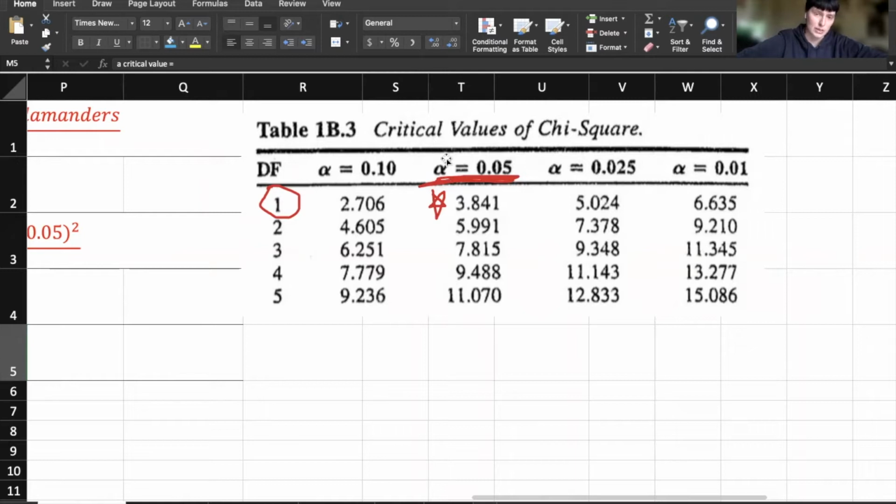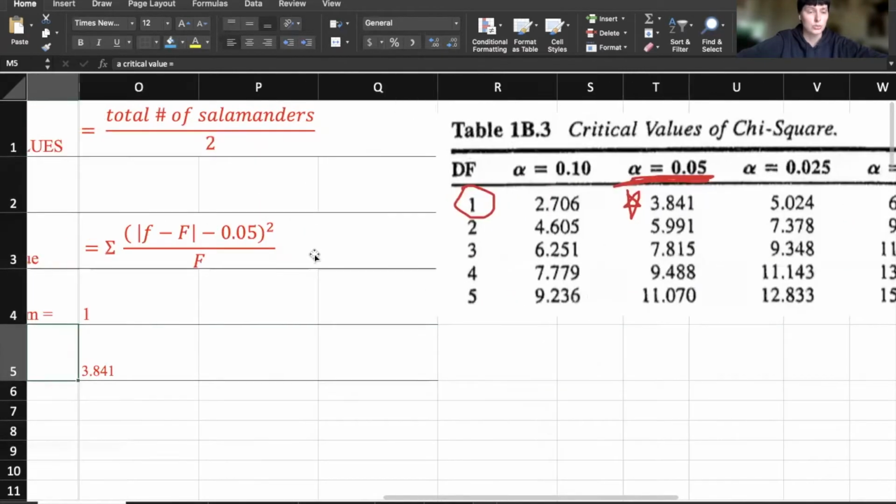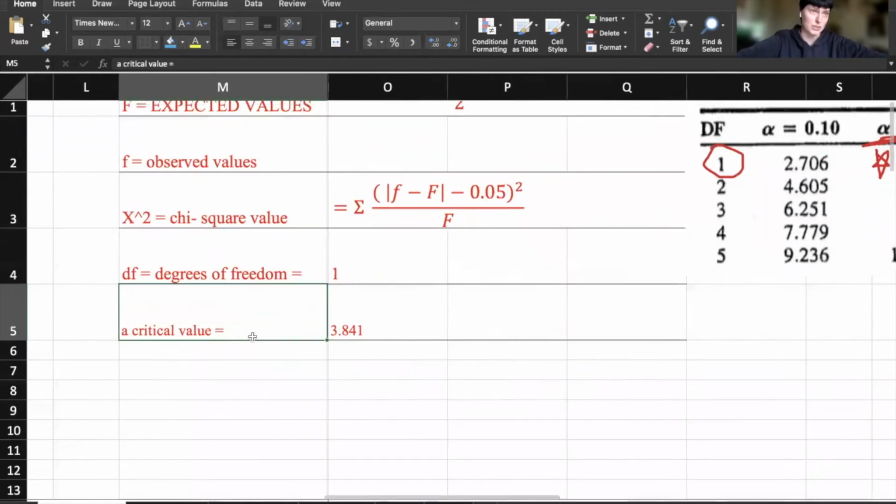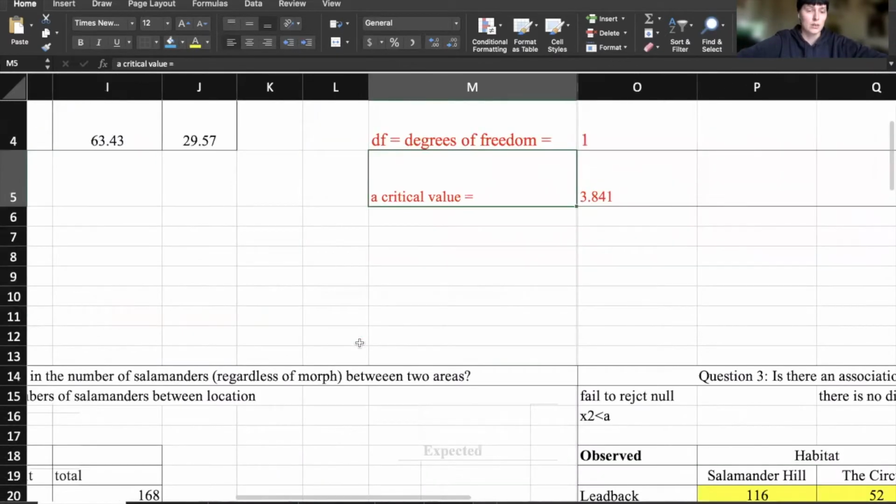We use this alpha critical value for everything in this class. With degrees of freedom of 1, we get our critical value of 3.841, and that's what we're going to be using to compare your chi-square values to determine if they're significant or not.